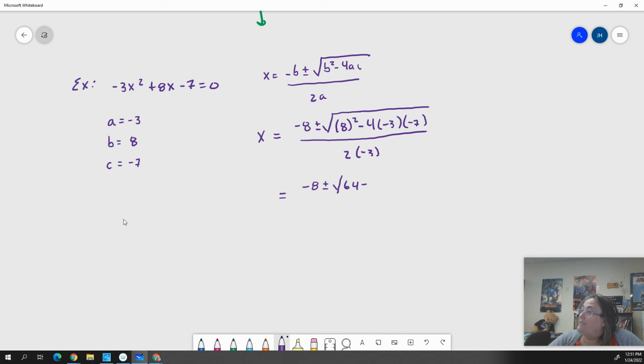Well, minus, I'm trying to think of the best way to do this. Minus 4 times 3 is plus 12. And then we're going to have 12 times -7. What's 12 times 7? I can't even remember my times tables today. 84. 12 times 7, 84.